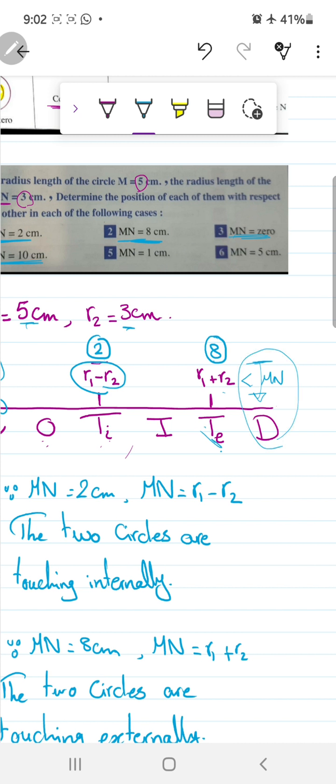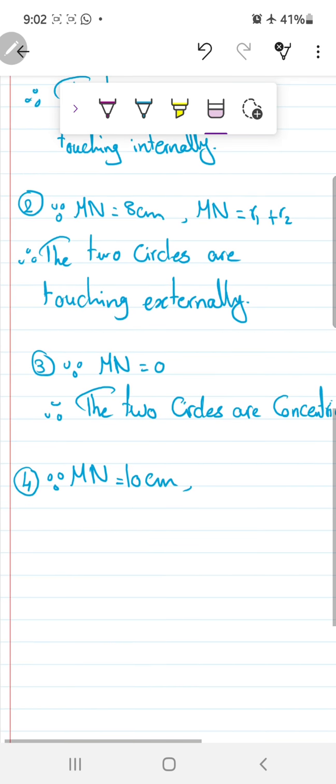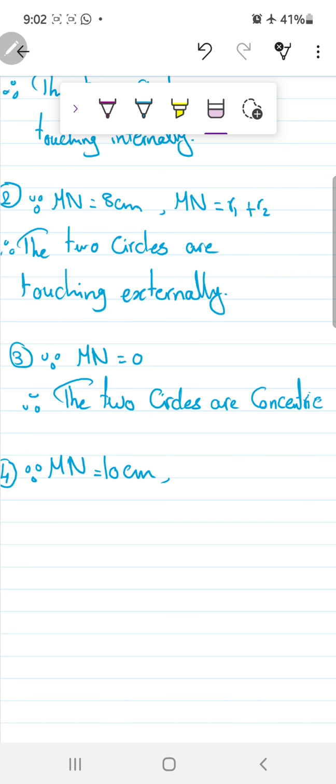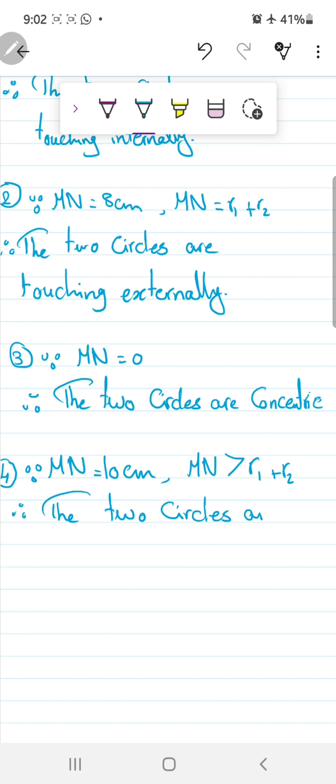It means that the two circles are distant.